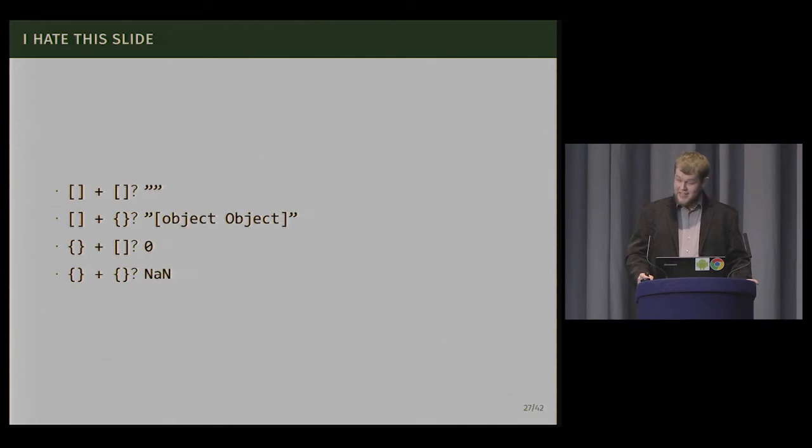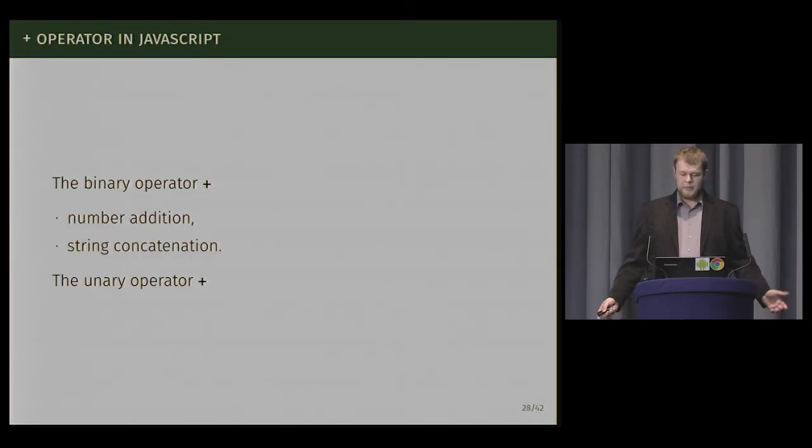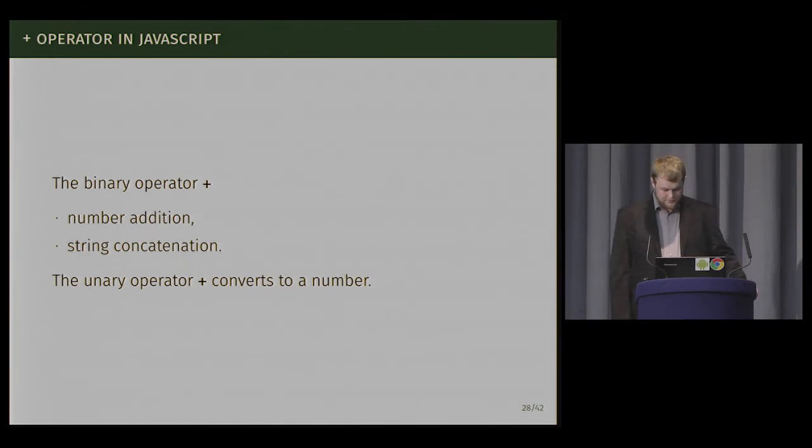Because in this case, this pair of empty curly braces is actually an empty anonymous code block. There is no semicolon required afterwards, just like we don't have to put one after an if statement. And then we have another expression, plus empty array, which is a unary plus, which basically converts the value to a number. An empty array converted to a number is a 0, obviously.